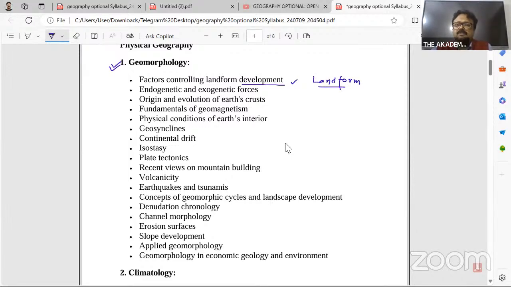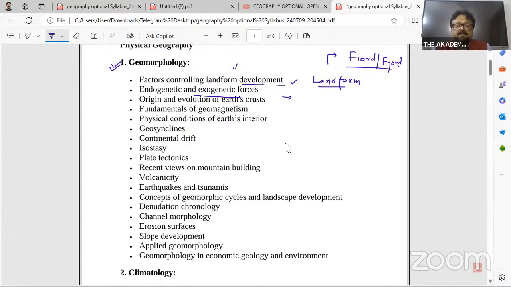And if you see the question, last time they have asked the question on fjord. Fjords, this is the spelling, are glaciated valleys near the coast. So you will find the recent question is from landform development. Endogenic, exogenic forces, they have asked this question also.